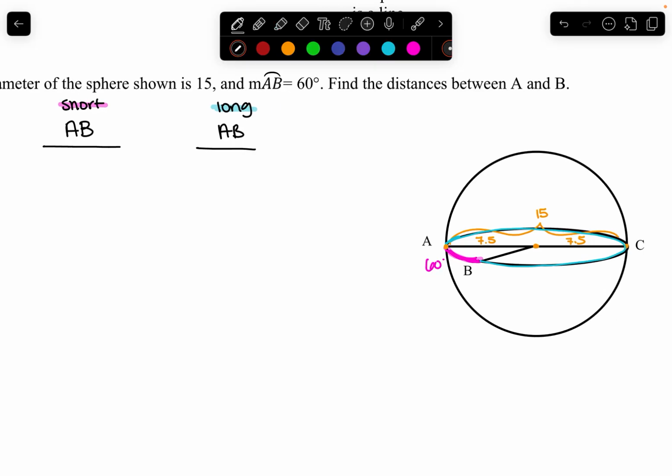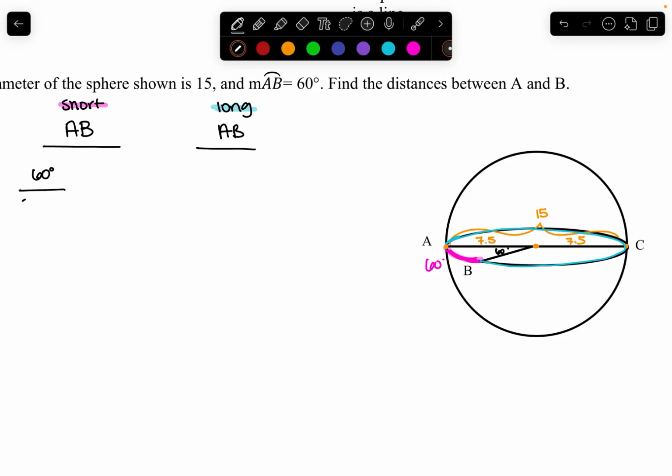So I have to do my central angle, which is 60 degrees. I guess I should have talked about this. I should have kept this in those notes. But the measure of whatever your arc is going to be the same as the central angle. So because arc AB is 60 degrees, its central angle is 60 degrees.